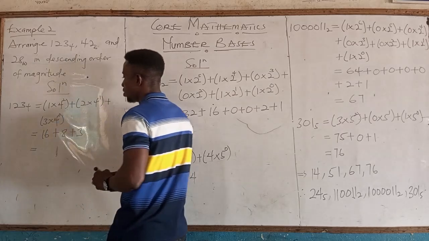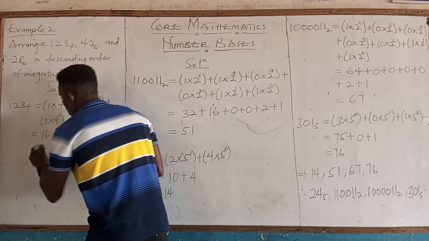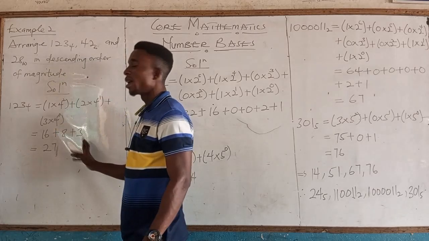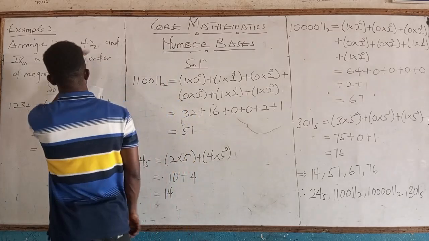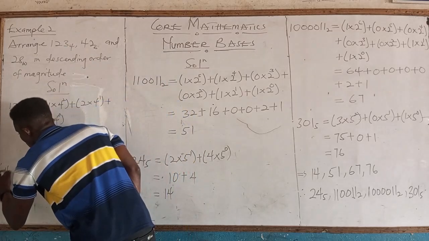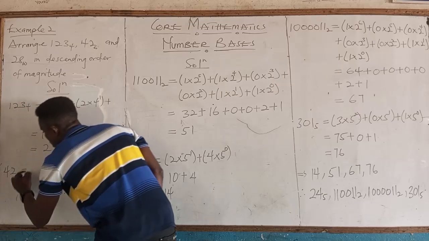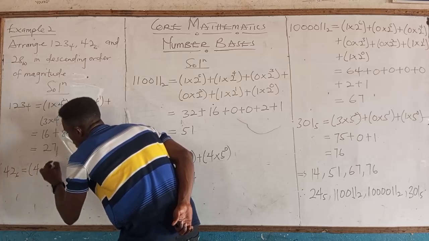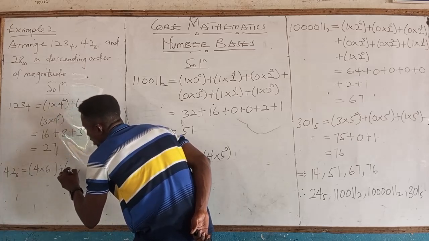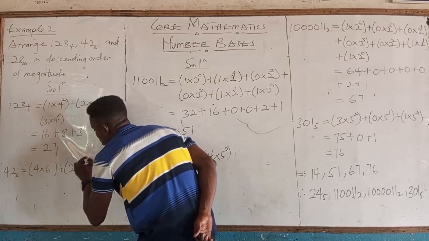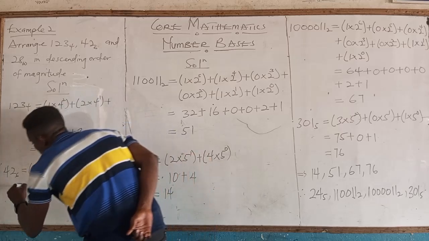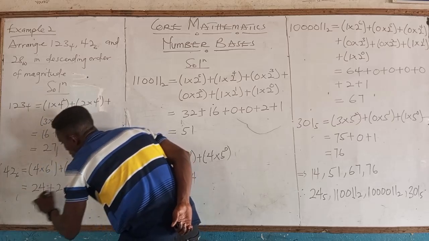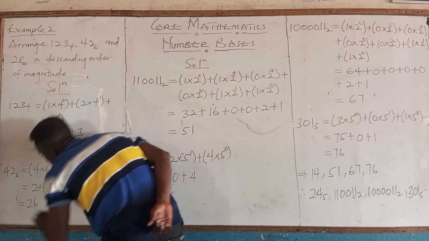And that one is 27. Then taking this one, that is 4, 2 base 6. That one is getting me 4 times 6 plus then 2 times 6, 0 and 1. So this one is getting me 24 plus 2. That is 26.